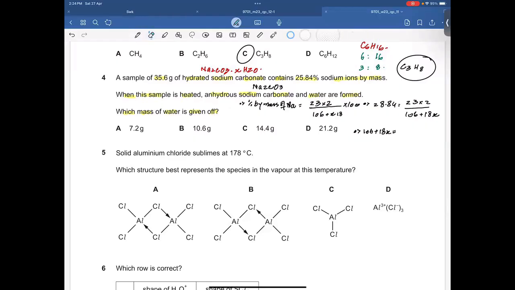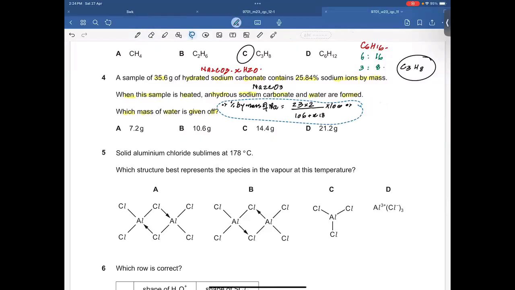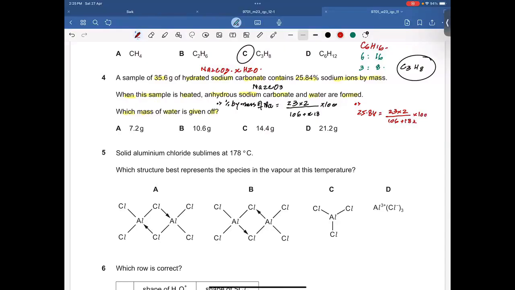Wait. I'm running out of space. This one is the first part. The second part is 25.84 equals 23 times 2 divided by 106 plus 18x, times 100.